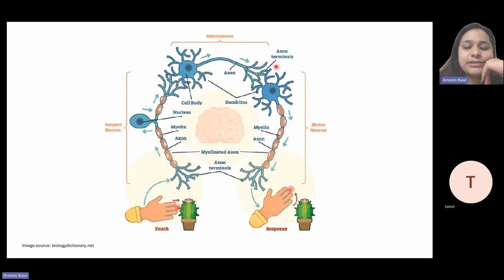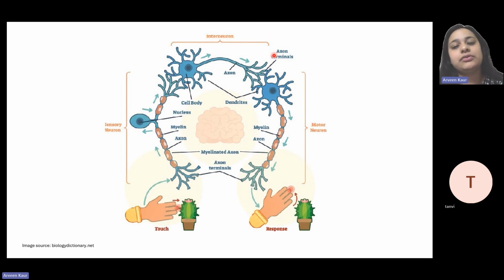So this is a representation of all of them. For instance, there was a cactus and somebody touched this cactus, right? That was a sensory input. It was taken by the sensory neuron. Over here, you can see that it looks like a unipolar neuron, right? Then it was further communicated to the effector, which is a motor neuron, through an association neuron, which is the interneuron.